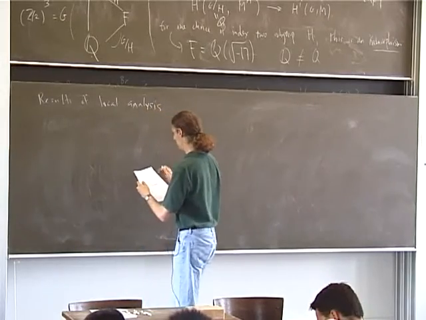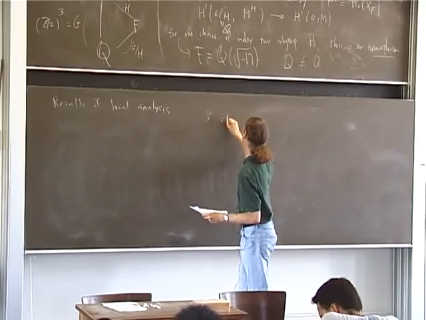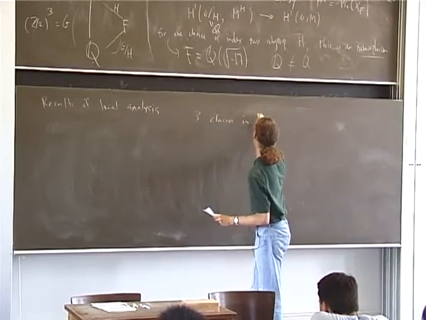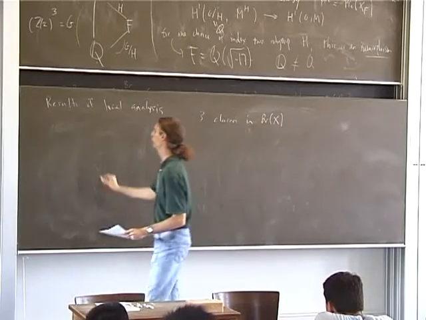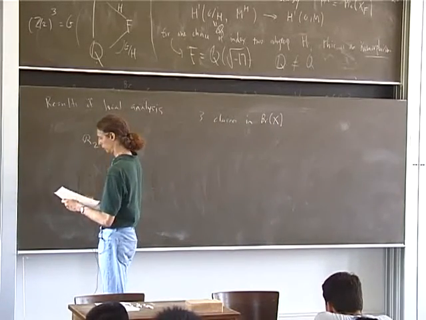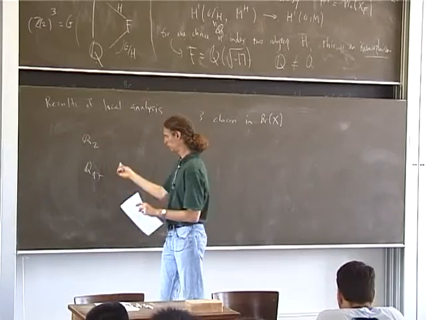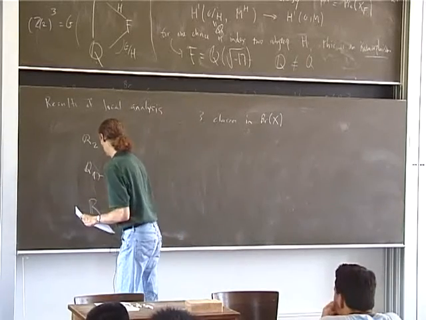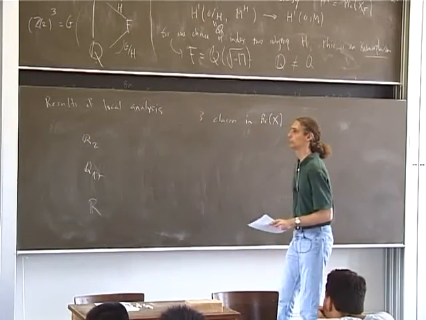Okay, so we have three classes in the Brauer group. And we have 3 primes. We have to consider Q2 points, Q17 points, and the Archimedean place. R is the easiest.